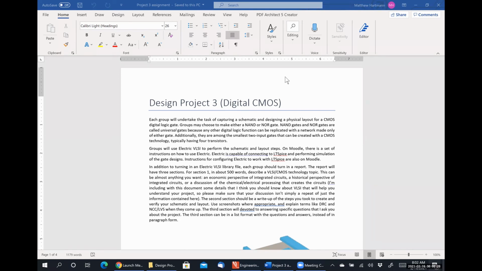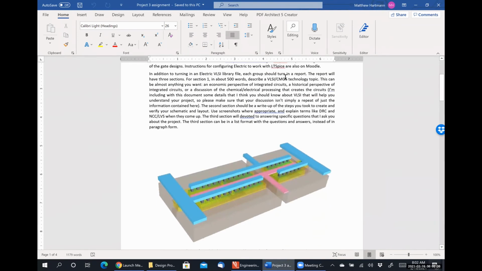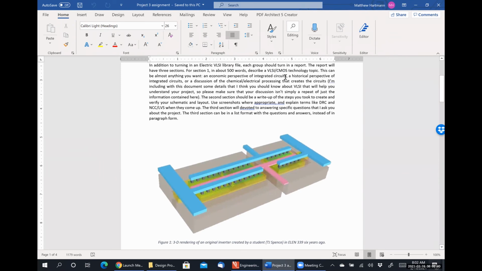As part of the setup process, you are asked to effectively create an inverter circuit, which a former student made, this one right here. This is a simple CMOS inverter circuit.